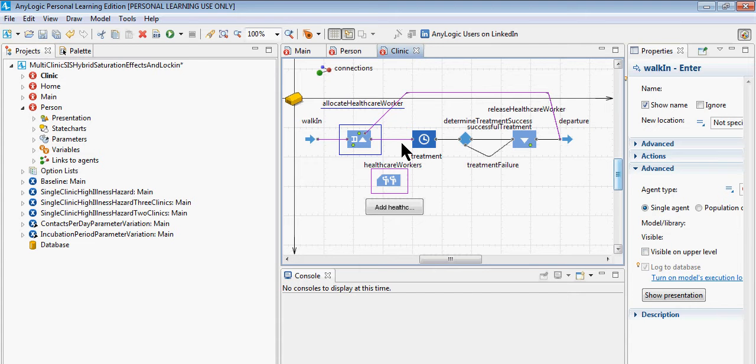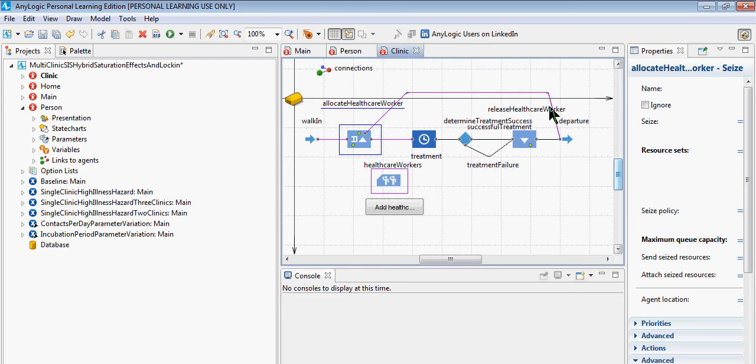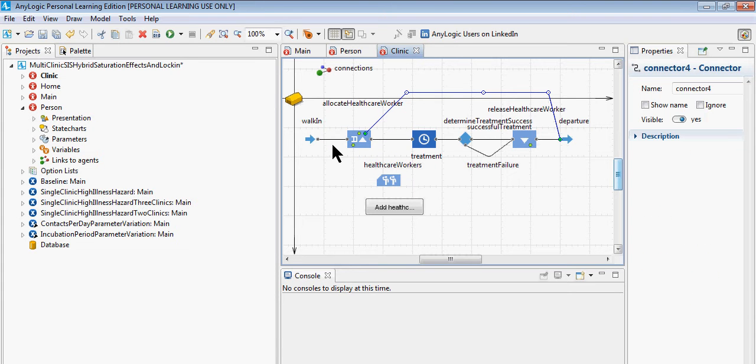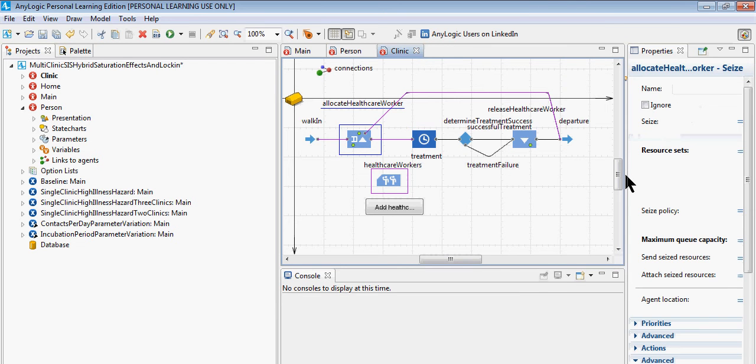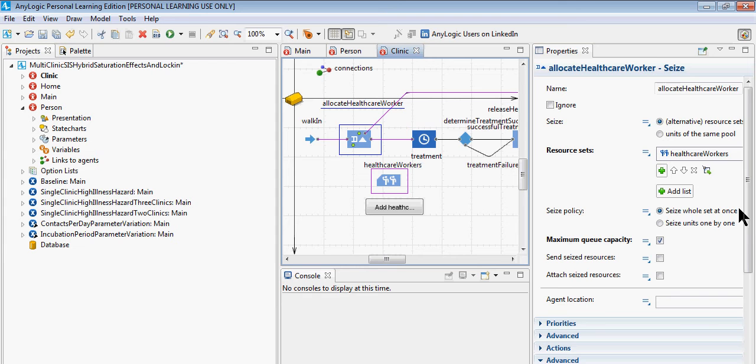This is me, as a walk-in patient in this clinic. So I've arrived at this clinic. Note that it's the nearest clinic, which is going to be computed, as I recall.